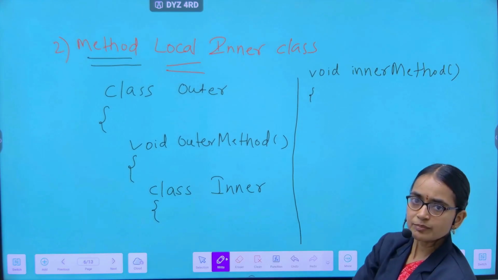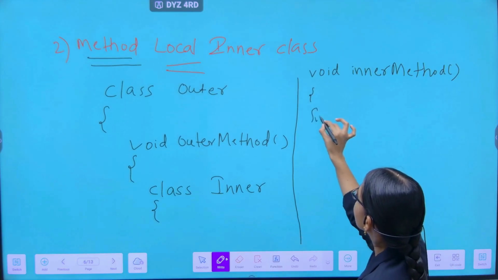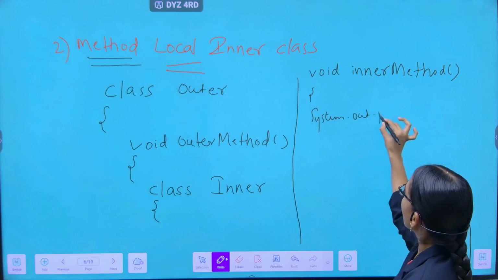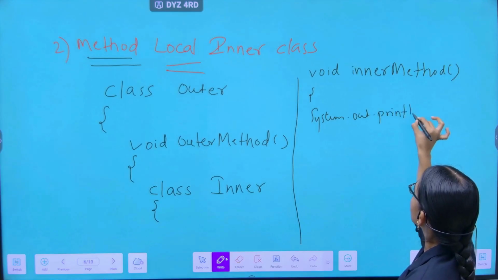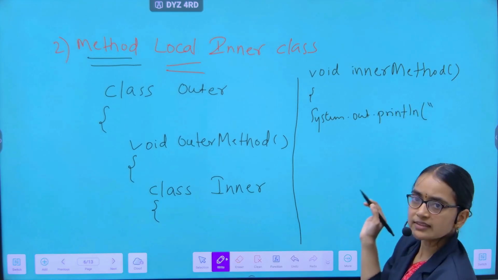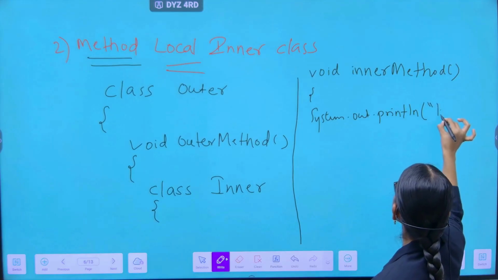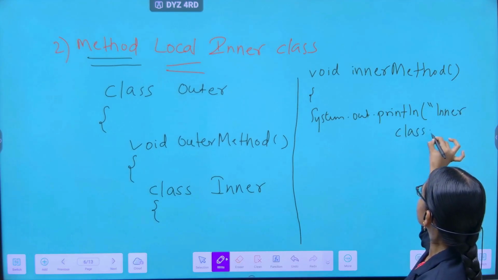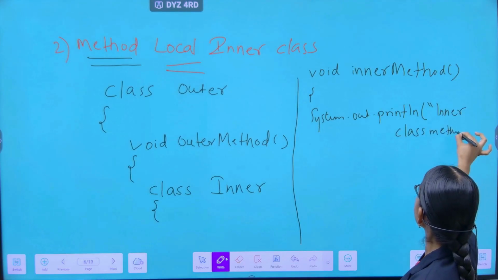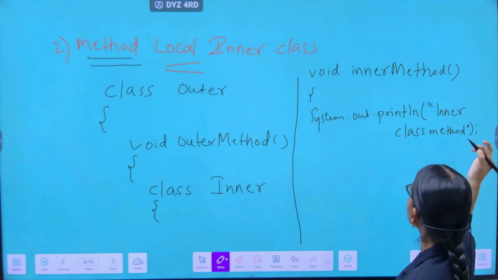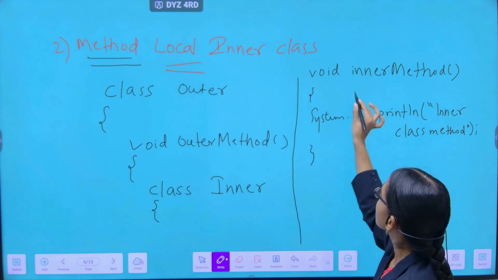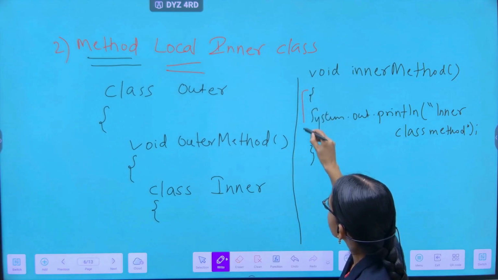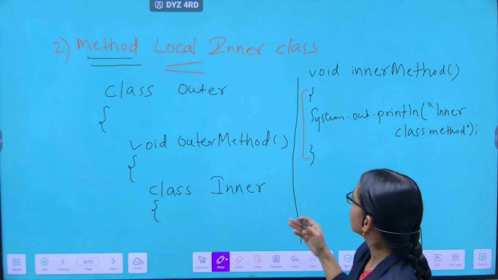So write a simple statement, that is print a statement System.out.println of this is an inner class method. Right, so close this method definition and close this inner class.